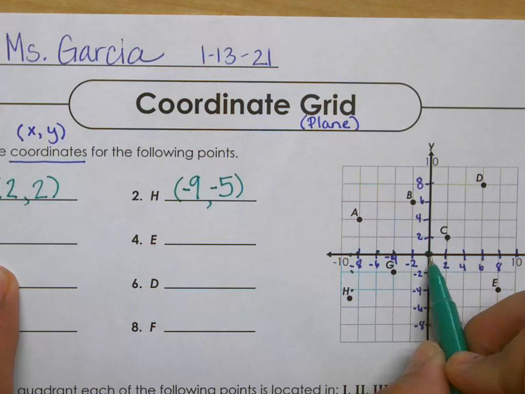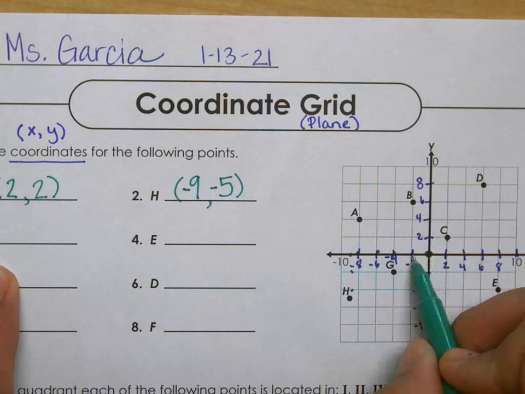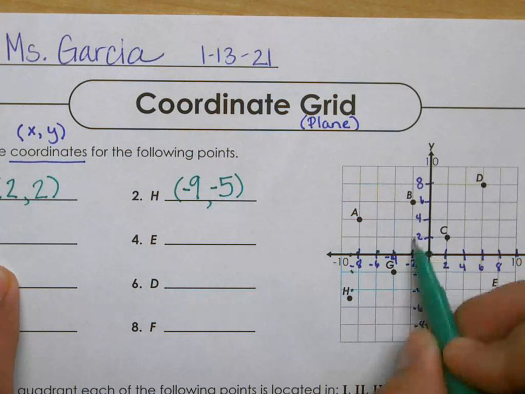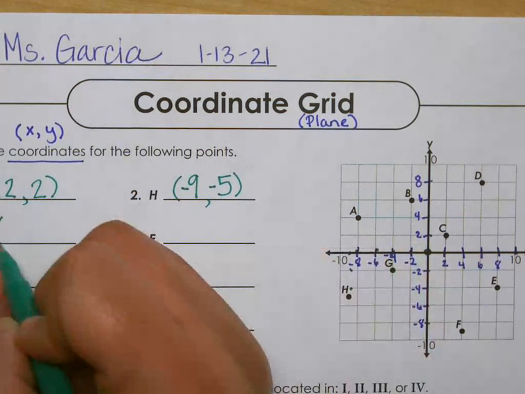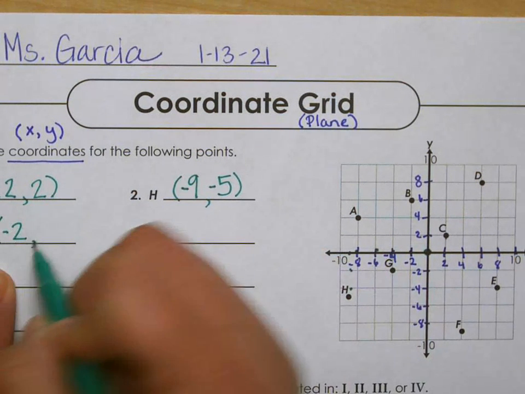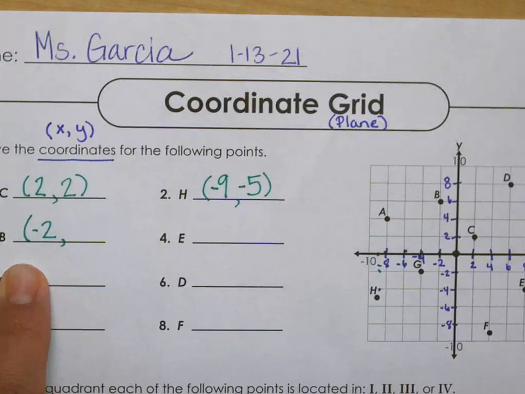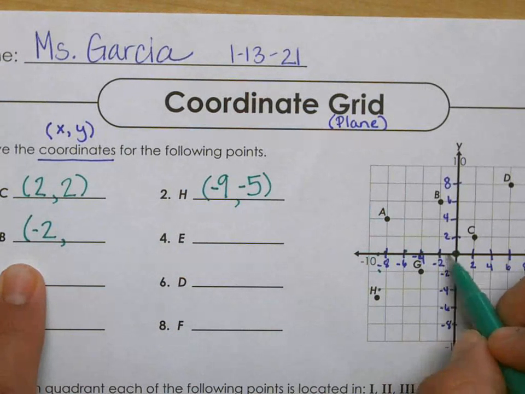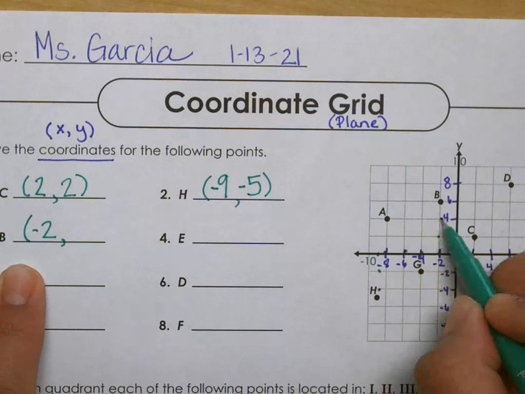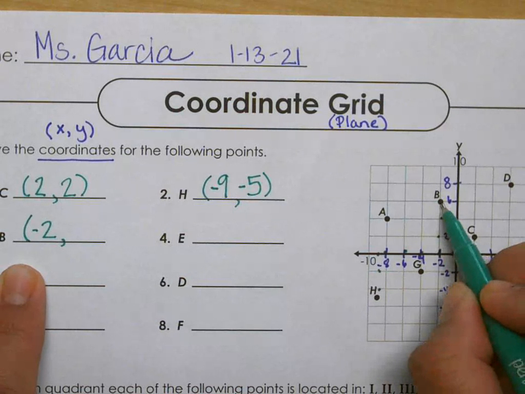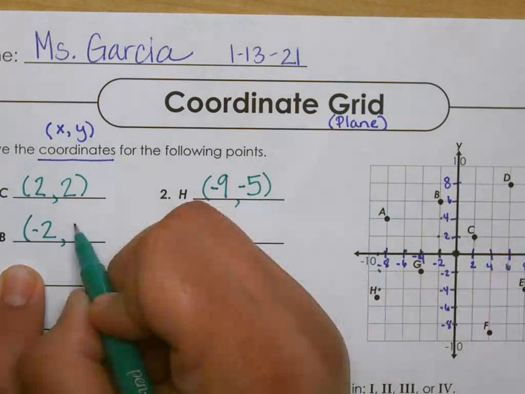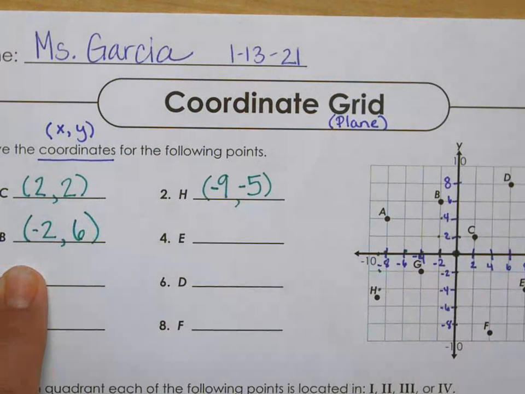I see that B is to the left, so I'm going to go to -2, and that's where B lines up. So I know my x-coordinate is -2. Then to find the y, how high up or down do I go? I'm going to go up 2, 4, and 6, and that is where I hit the point B. And that's a +6. So my y-coordinate will be +6.